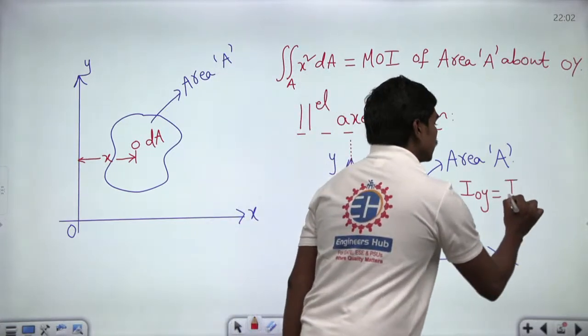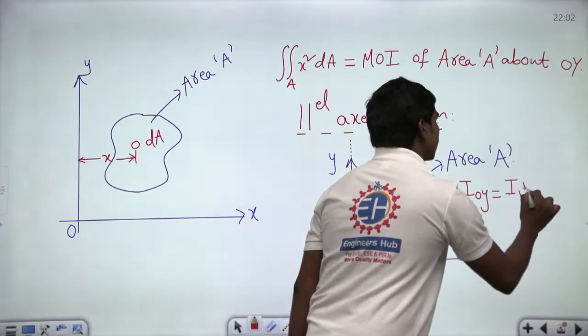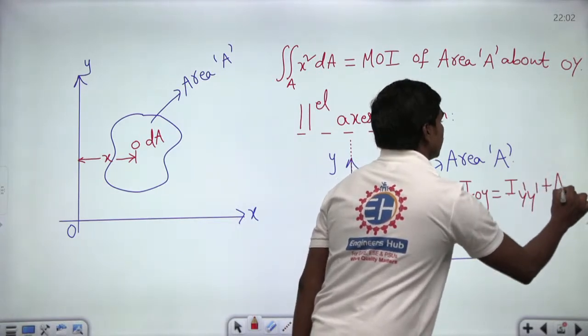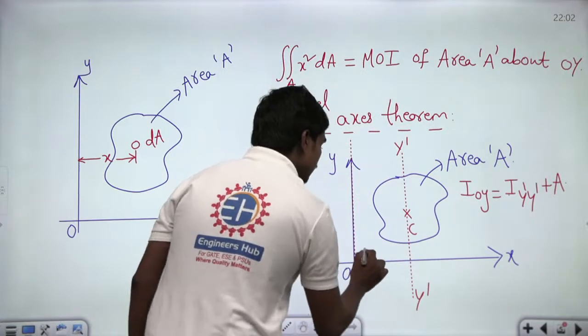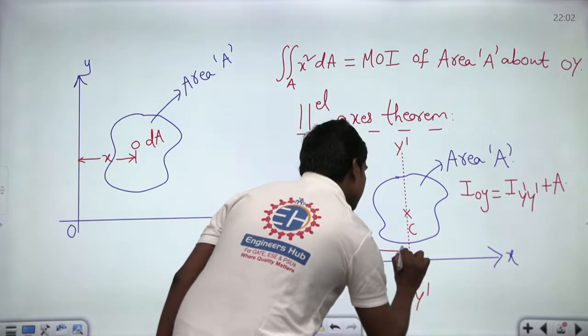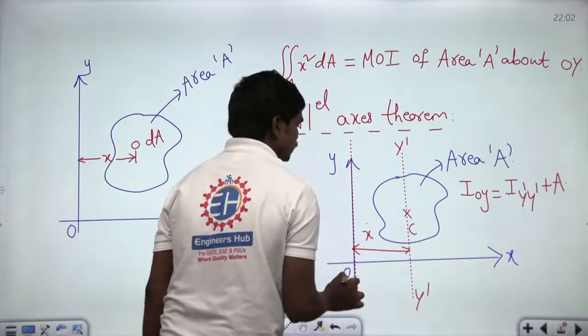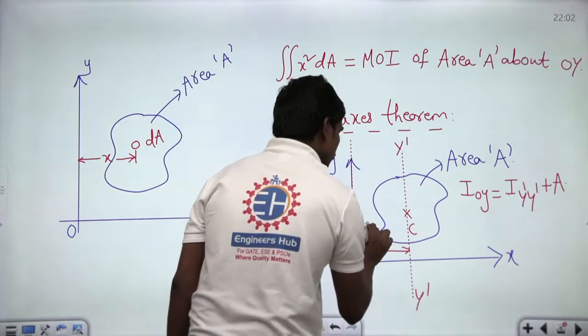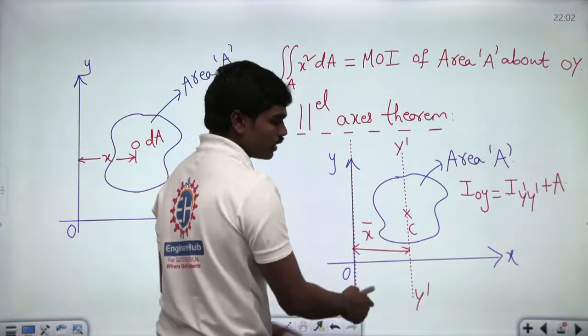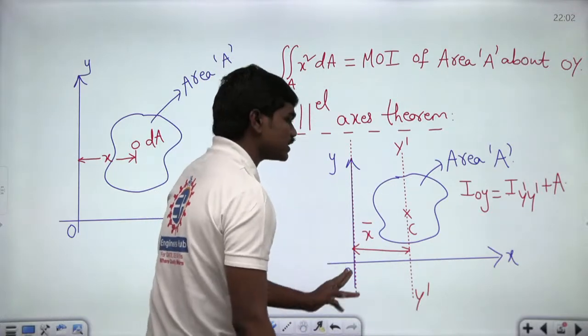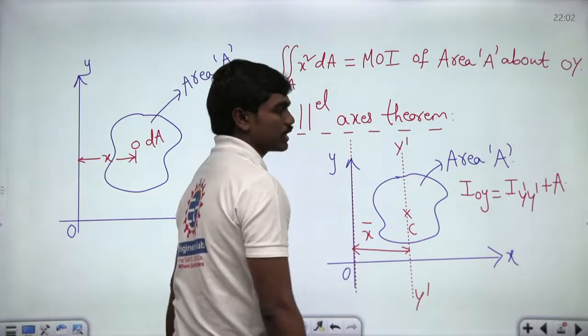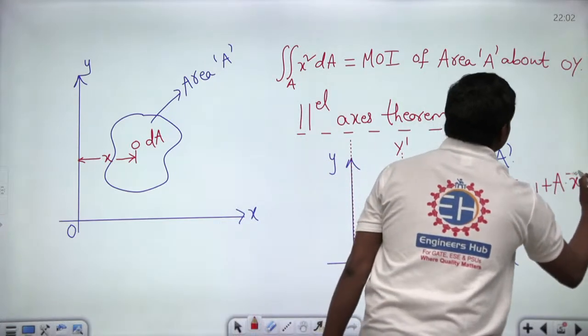Then this gives you the moment of inertia about the parallel axis passing through the centroid, plus area into the distance between these two axes. Let us suppose this distance is x bar. This is the centroid and this is the y axis, so it is nothing but the x coordinate of the centroid. So A into x bar square, correct?